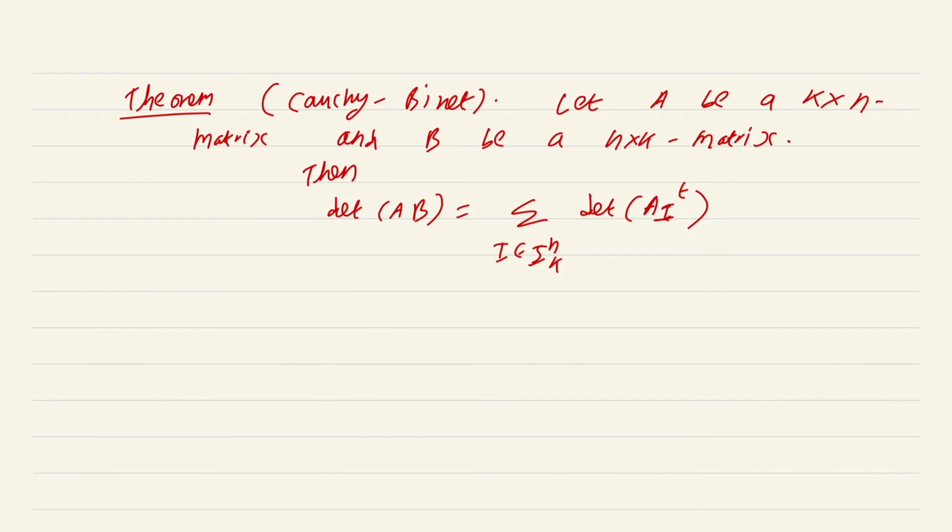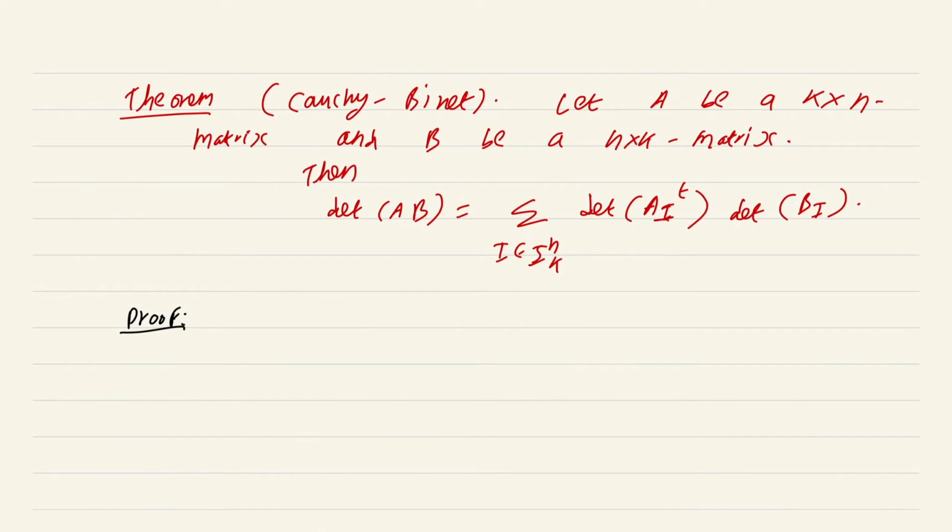So I must take the transpose first and then take I. So determinant of A transpose I, determinant of Bi. I can take Bi because B is already an n cross k matrix, so I don't need to take a transpose or anything. It's for this technical reason that I'm going to end up with a k cross k matrix. The way I have set up things, this will work out better, even though I would really like to end up with an n cross n matrix. Proof.